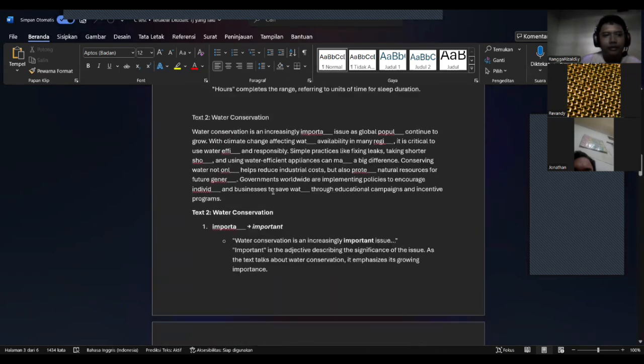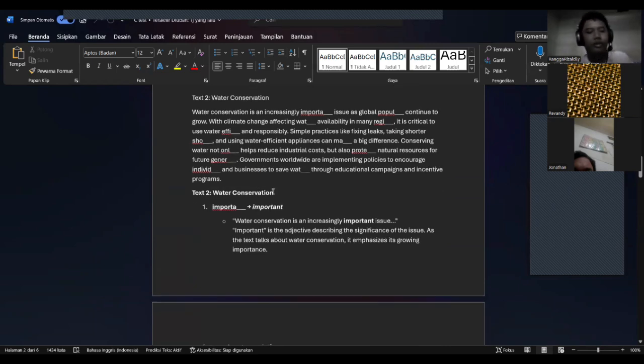Okay, from this question, I will explain the scoring criteria. Use the following criteria for the correct answer.